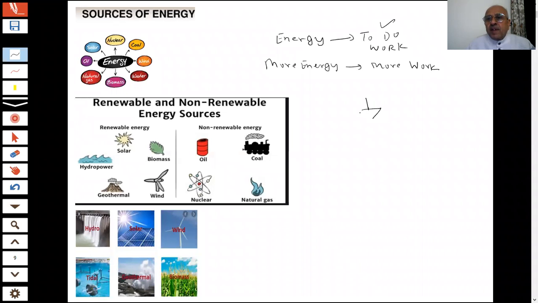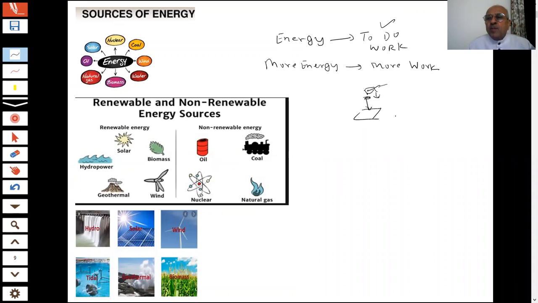You have a hammer and you hit this with the hammer, student. What happens? You are doing work when you are hitting this. Then energy is required to do this work.